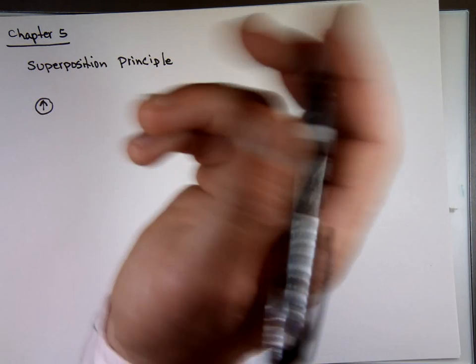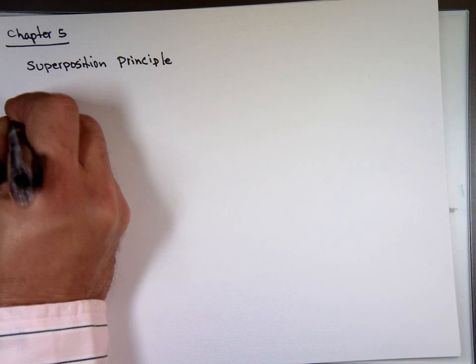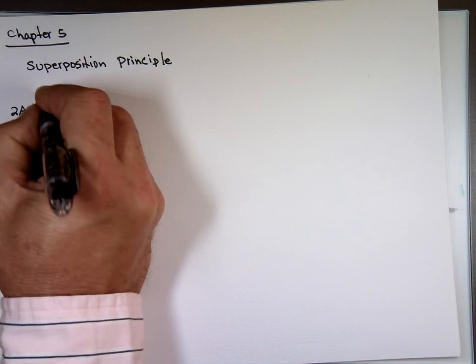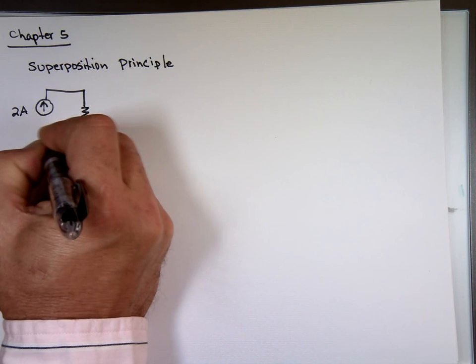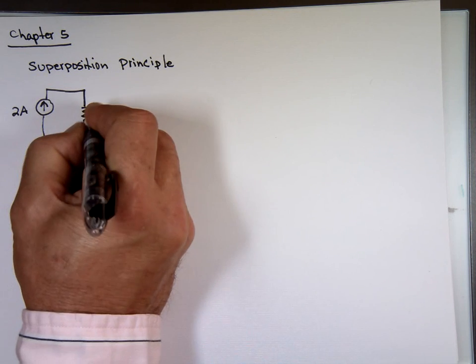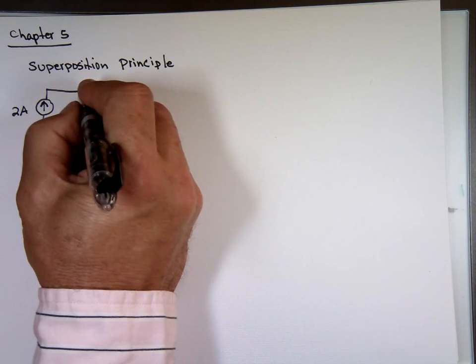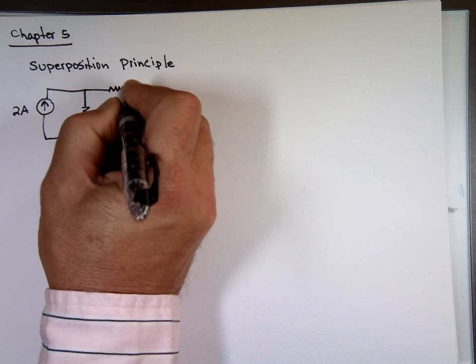So let me take some sources. Put, let's say, 2 amps here. I'm just making that up. And I have a resistor. It's not really a popular method of doing problems, and you'll see why, because you have to do the problem twice in this case.